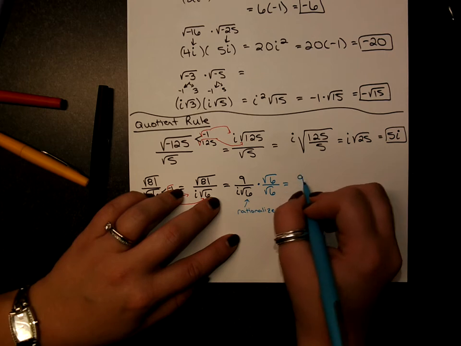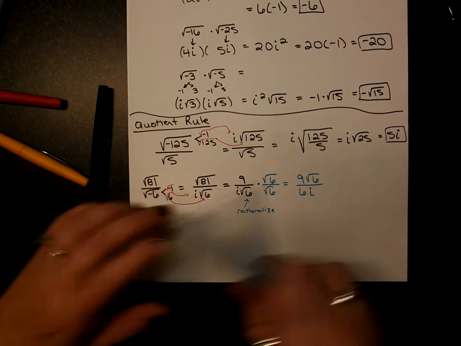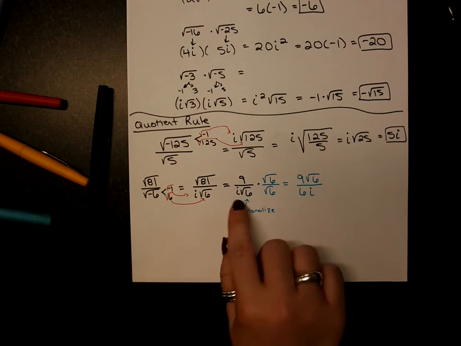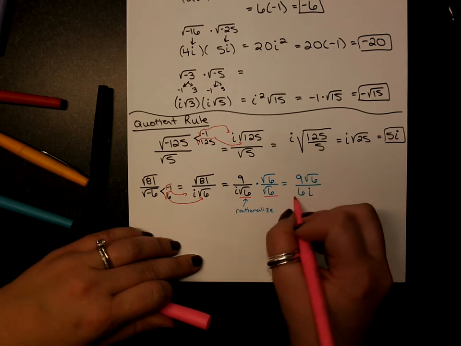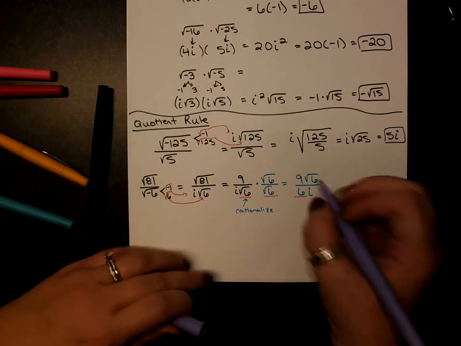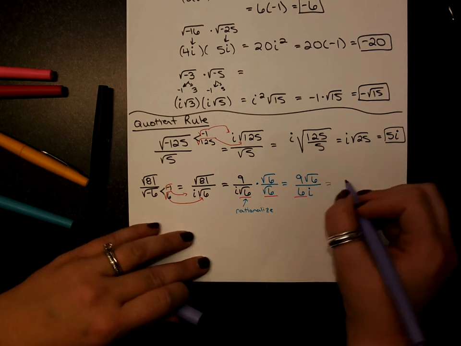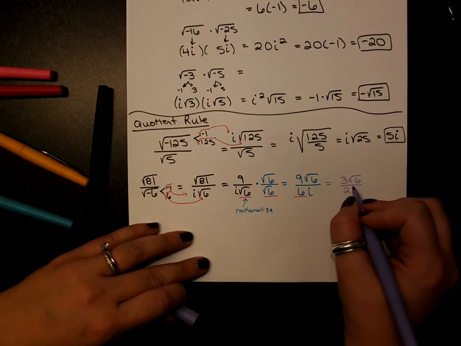This is going to give me 9 radical 6 divided by 6i. Remember, a radical times itself, so radical 6 times radical 6 is just 6. From there, I'm going to reduce 9 divided by 6. This is going to give me 3 radical 6 over 2i.